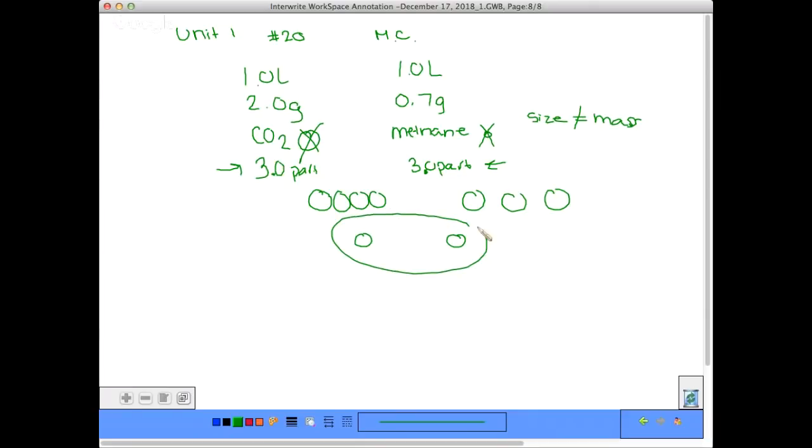So really, the only correct answer is D, where it says that the mass of a carbon dioxide particle is larger than that of methane. Thus, if we were to think about each of these 3 particles, they would each have 0.75 grams, where maybe these ones were a little bit less, about 0.23 grams. Notice that the only thing that would really account for the difference in this mass would be the difference in the mass of each particle. So hopefully that answers that question.